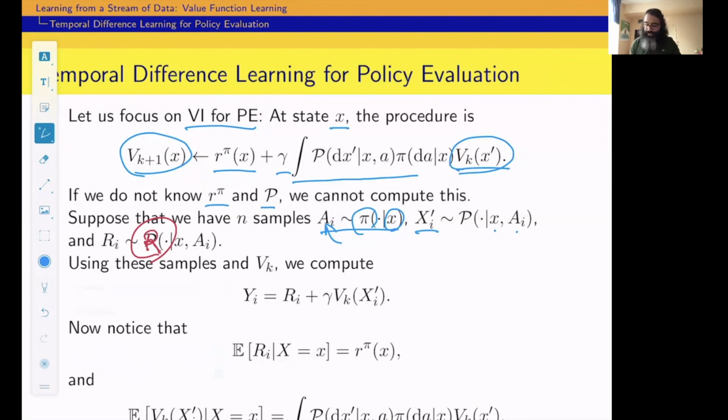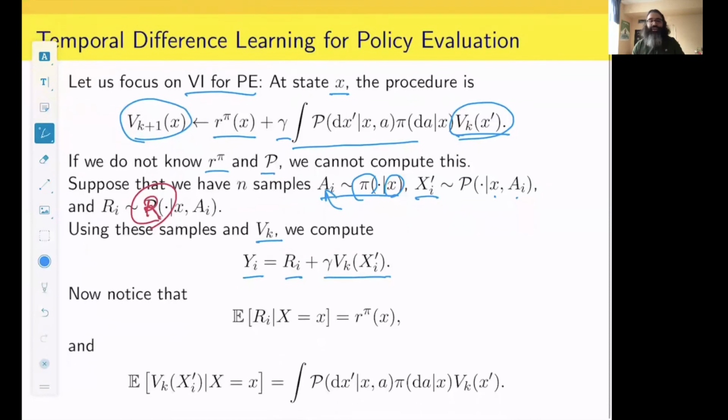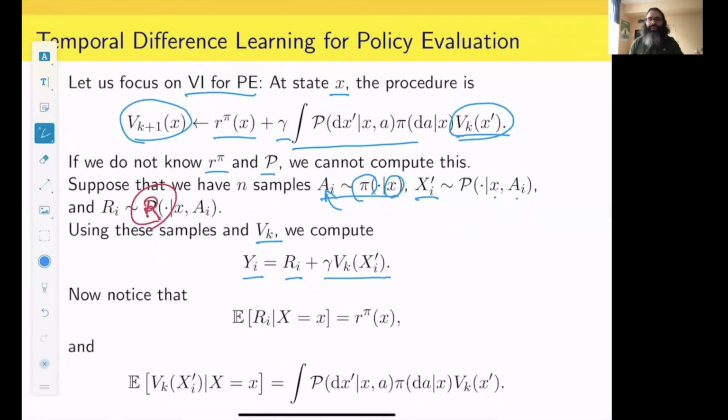Now, using these samples from these random variables and V_k, we can compute y_i equal to R_i plus gamma times V_k of x_i prime. Let's look at each of these terms separately. If we compute the conditional expectation of R_i conditioned on x, it would be exactly r^pi of x, because r^pi of x was defined as the expected reward conditioned on being at state x and choosing actions according to the policy.